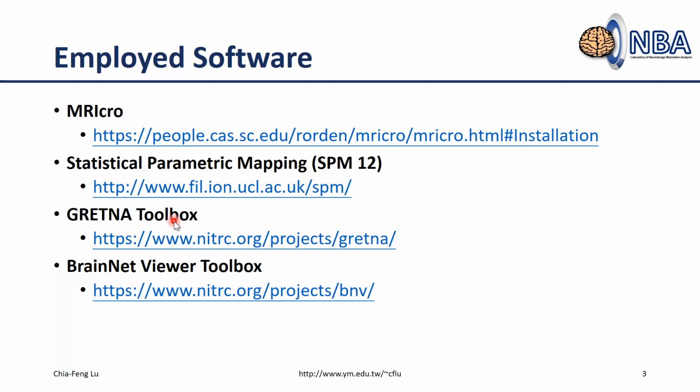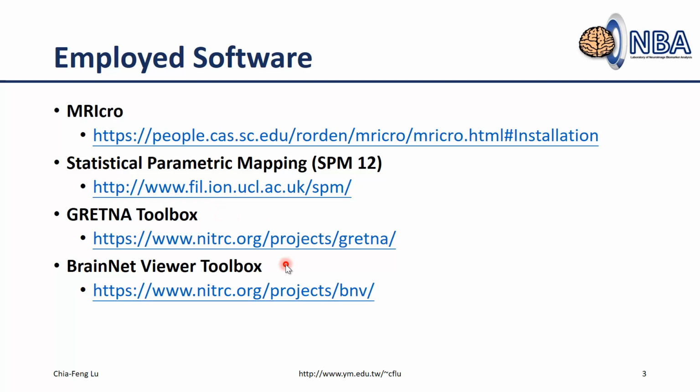Another is the BrainNet Viewer toolbox, which helps you visualize or display the results of the brain network. This one is not an analysis toolbox but a viewer toolbox, just like the X-ray view for SPM. So it's an extended toolbox.